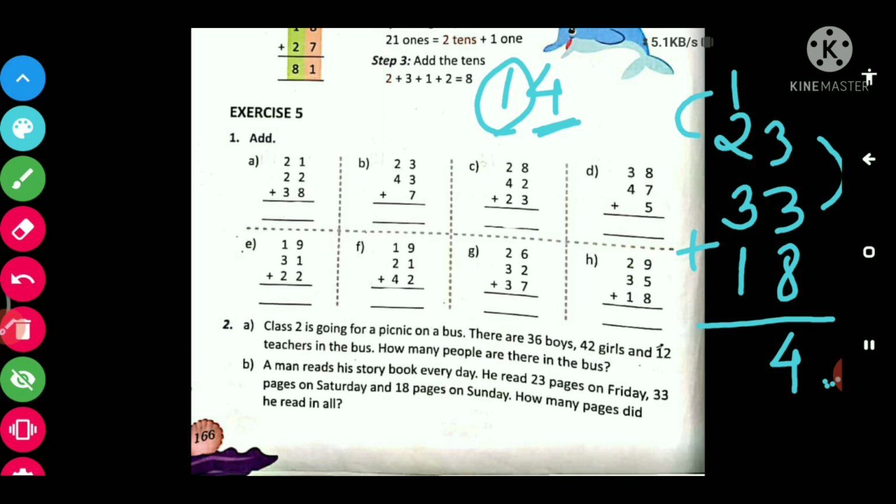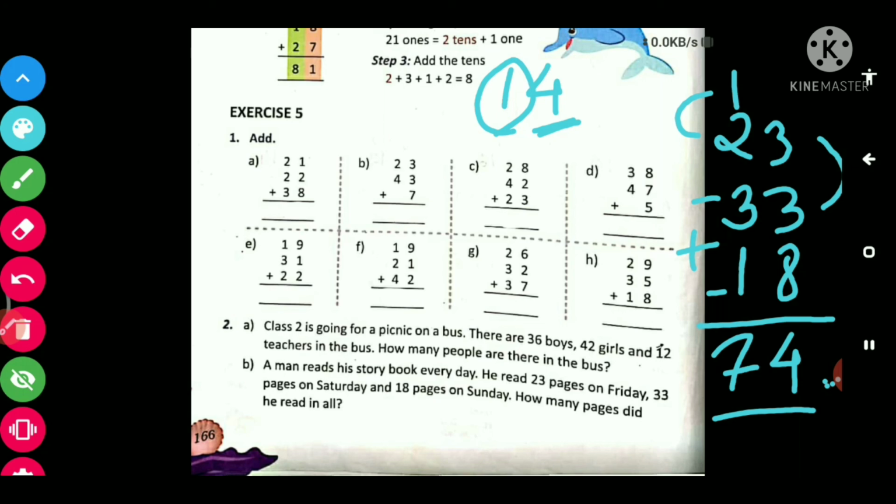So 1 plus 2, it will be how much? 3. 3 plus 3, 6. 6 plus 1, 7, right? So we'll get 7. So total how many pages did he read in all? 74 pages. Okay, so that's all for today.